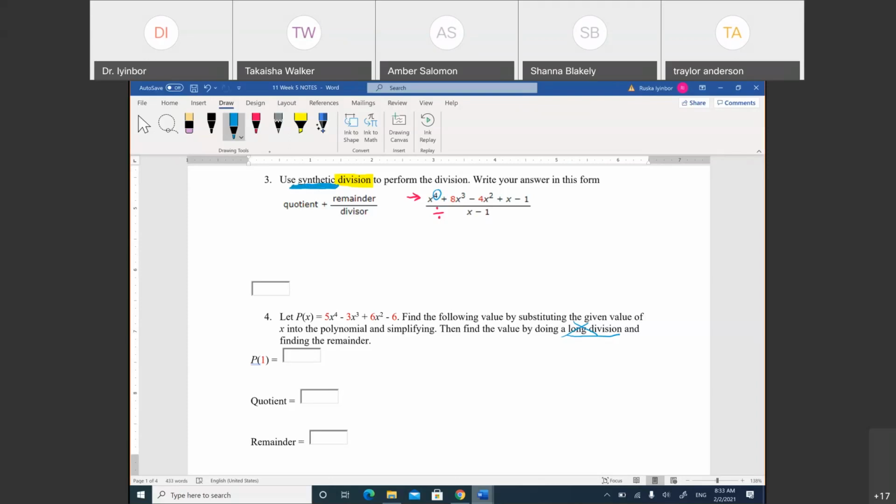So what I'm going to do is set up a little table, and that table has a lot of information. From the top, from the polynomial, I'm going to get the numbers in front of x^4, in front of x^3, in front of x^2, in front of x, and the number. So you're going to write this first.